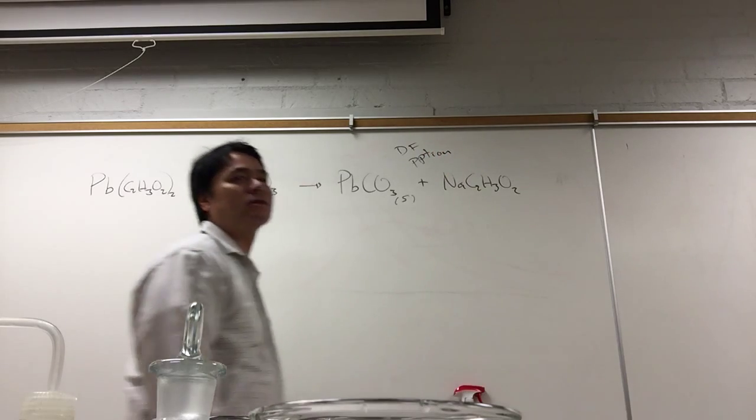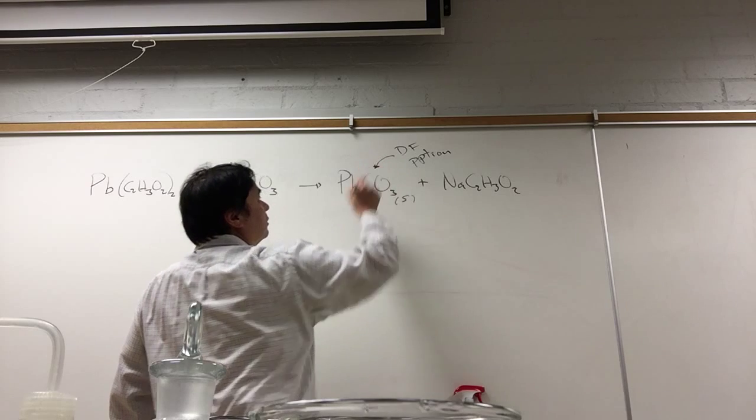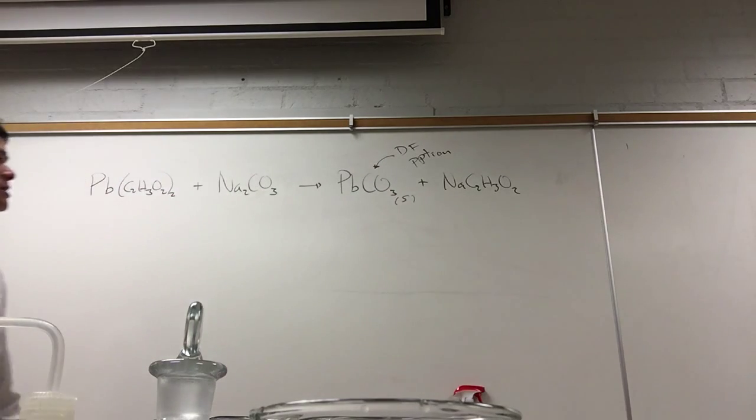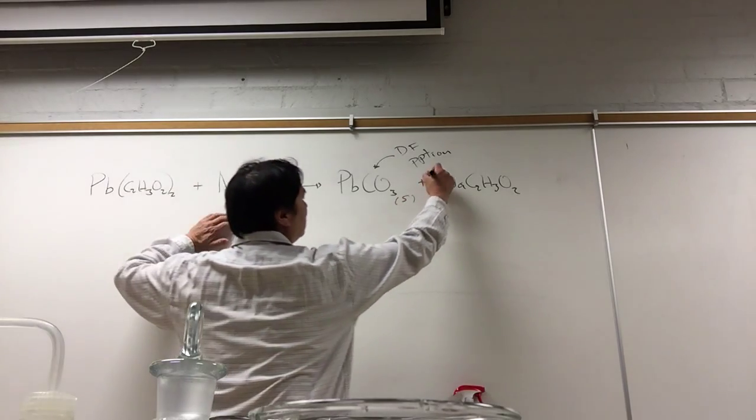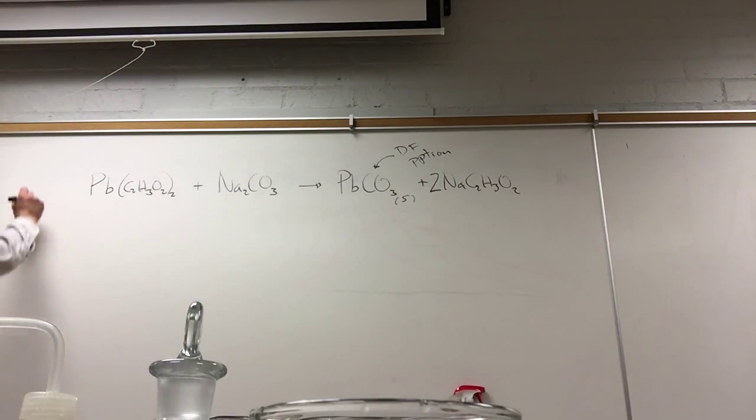The other driving force? Stronger to weaker acid. It just doesn't look like it's happening here. But anyway, we got a driving force, so this reaction should occur. What you're going to do is predict the products, determine if there's a driving force, and then balance it. So let's balance this. It's balanced. Then we're going to write the ionic equation and the net ionic equation.